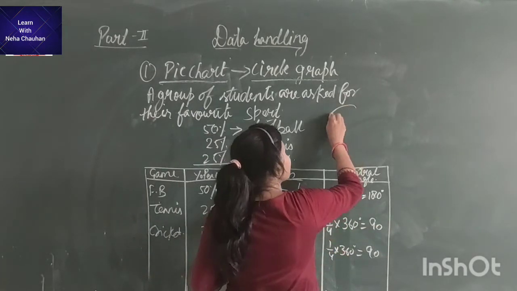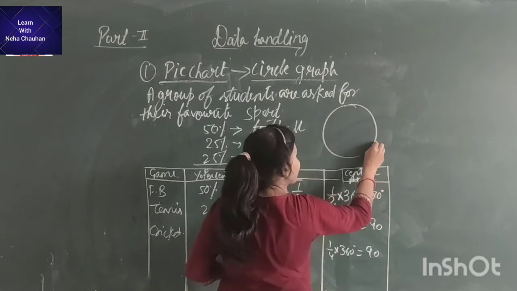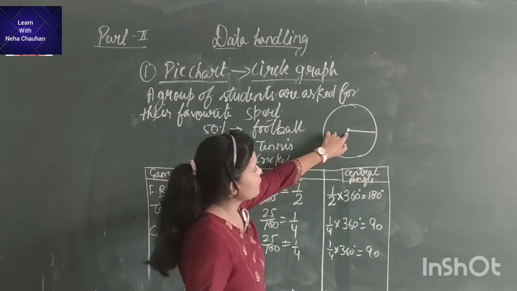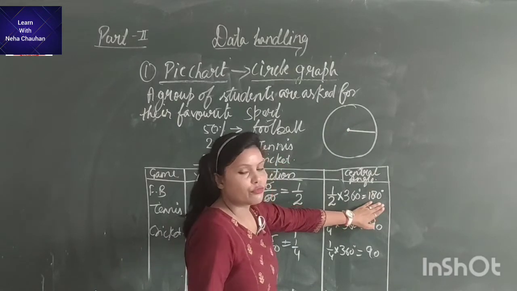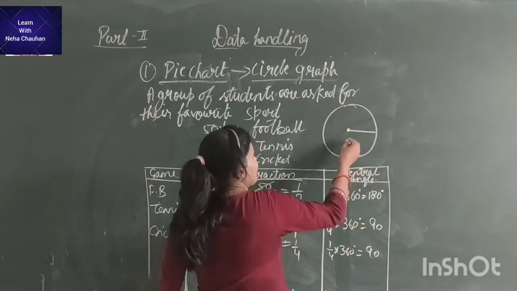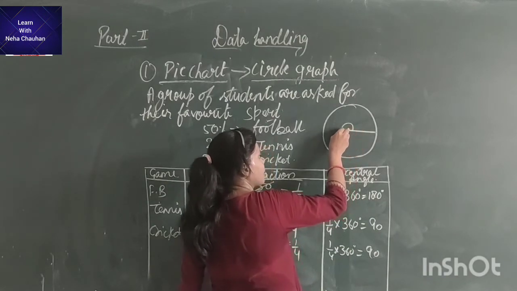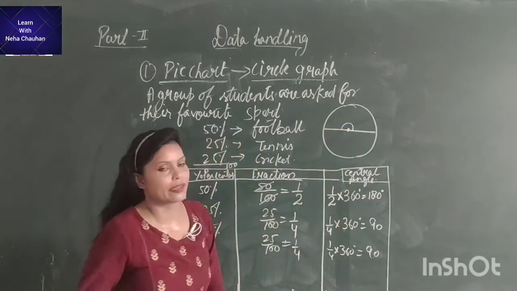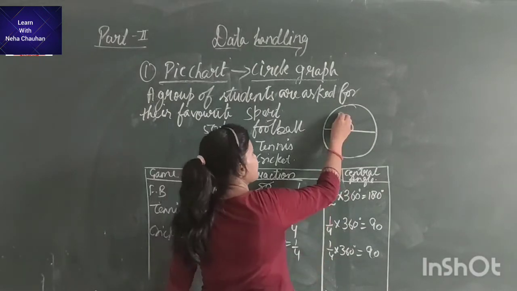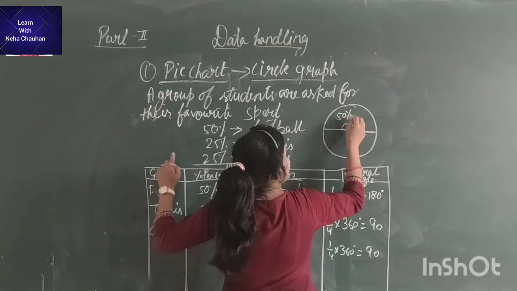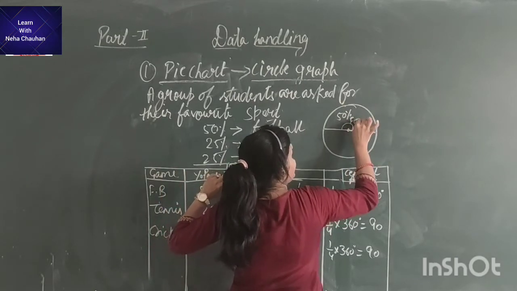Now we will draw the circle and the radius, and with the radius we will draw our first angle. If I construct the first angle, that is 180 degrees, I will get another straight line. So it represents 50% of the data, which is football.